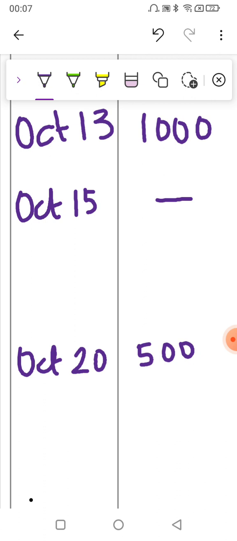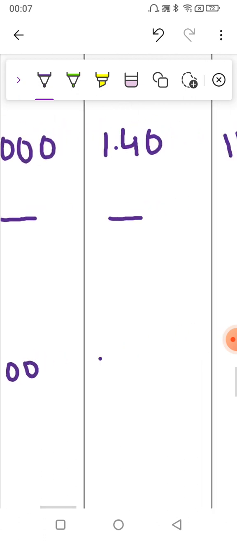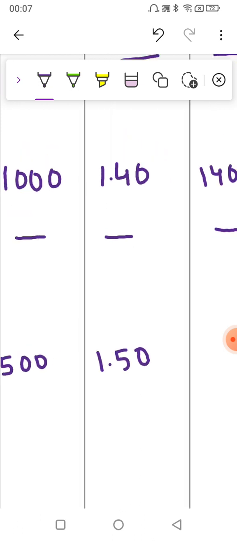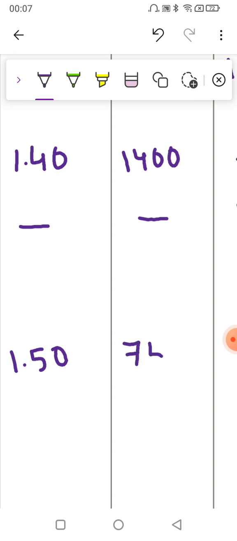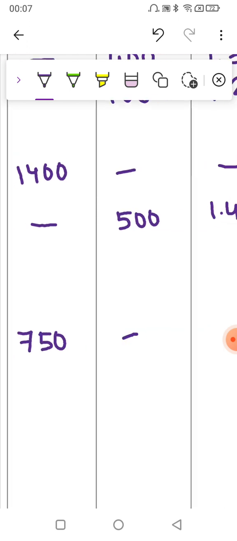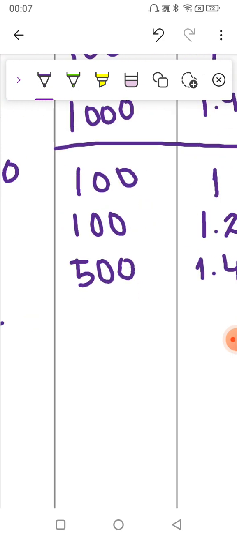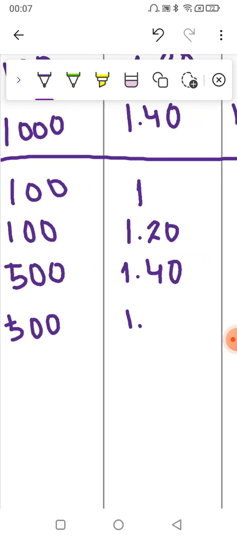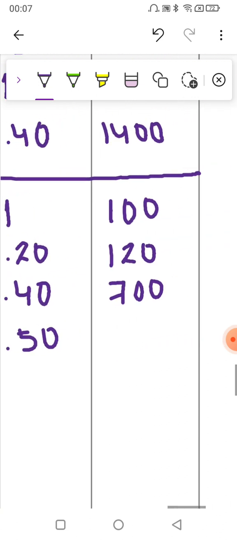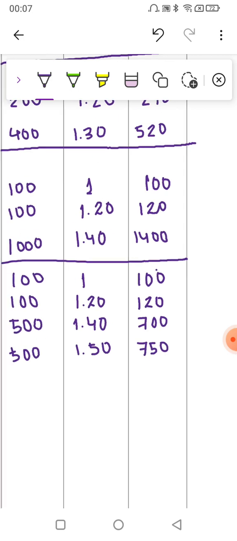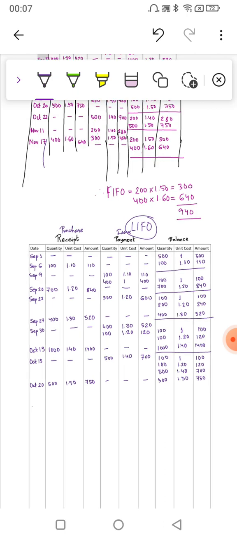And per unit cost was 1.50. We will multiply 500 into 1.50. We have 750. There were no issues on that date. So nothing to write here. So we have right now 500 more units for 1.50, and after multiplying the amount being 750. We're done with October 20.